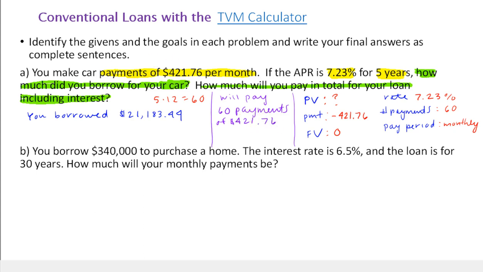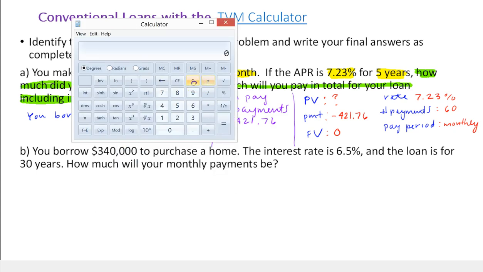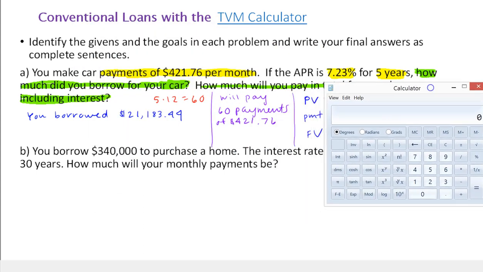So we need to multiply these two values, which we can do on a regular calculator. 60 times 421.76 equals $25,305.60.